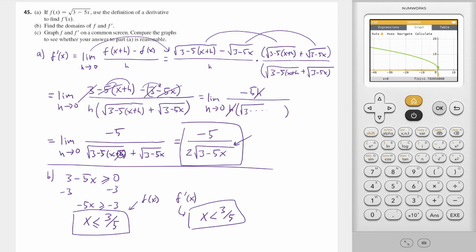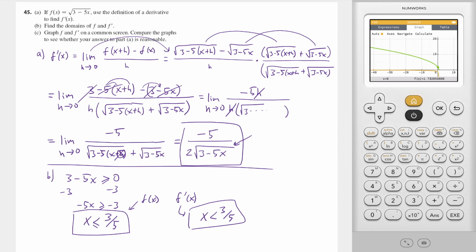And so, does this seem reasonable? Well, we notice that the green function, which is the original f of x, is a decreasing function. The slopes are always negative. And then the yellow function, which is the derivative, has values that are always negative. And so, yeah, that seems reasonable to me.